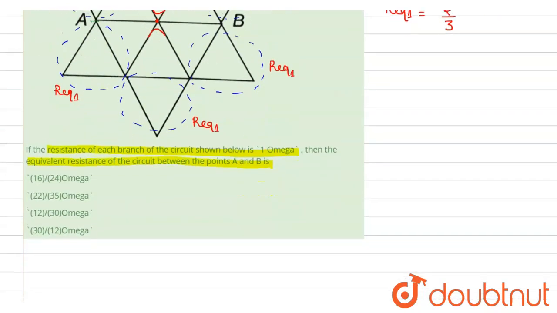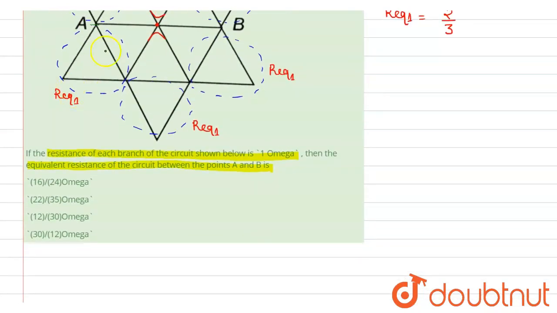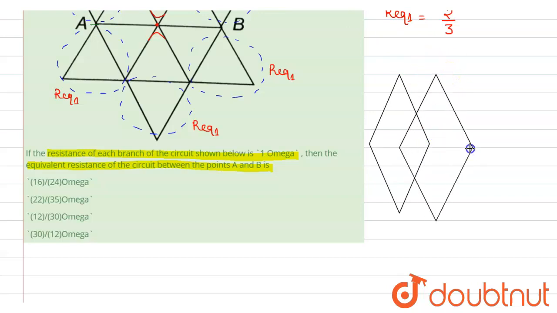So let me draw the diagram of the arrangement after the opening of the node. It will be like this, and another shape like this, and there will be lines here and also here.